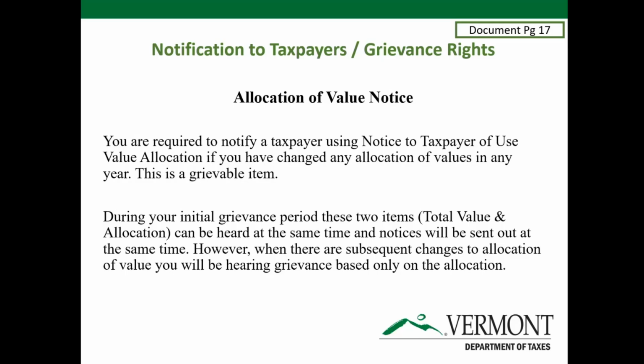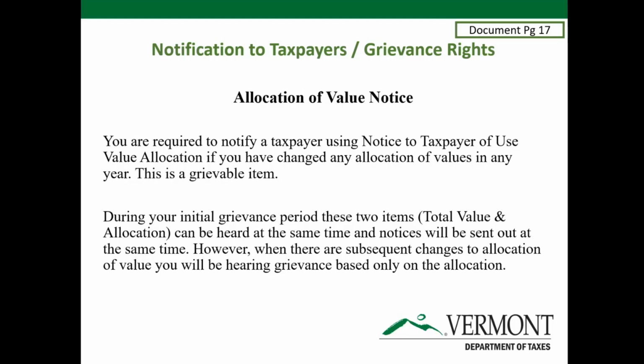Just reiterating what you said, it makes no sense to have a conversation with somebody about their allocation without having a conversation with them about their value. They're so intertwined. Also, people don't necessarily understand one versus the other.